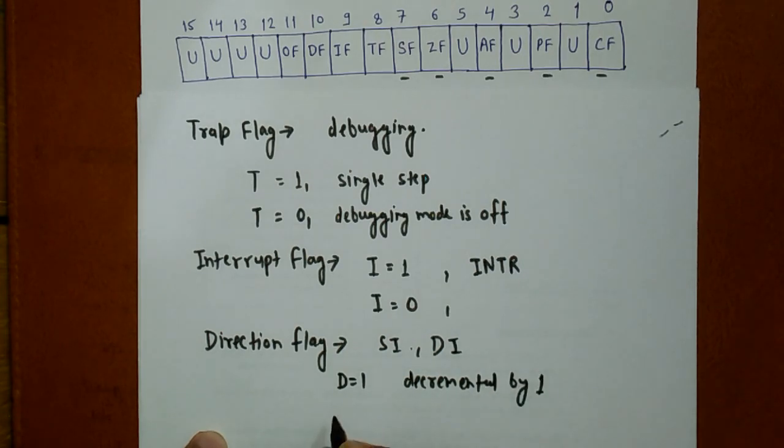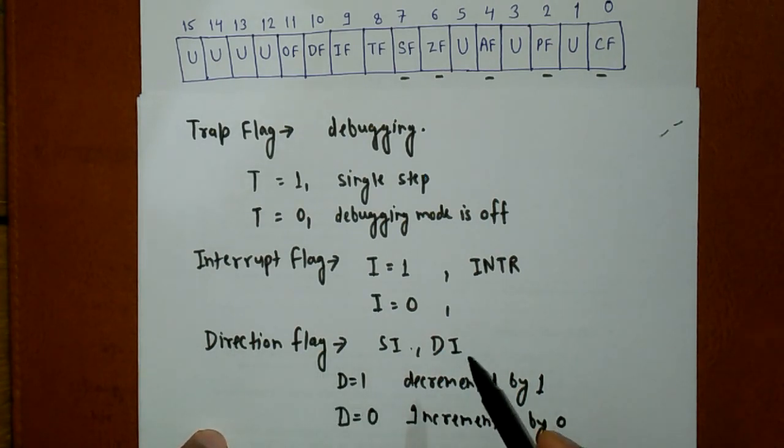And if the value in the direction flag is 0, the SI and DI registers will be incremented by 1.